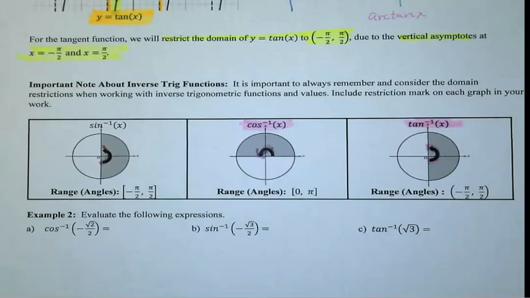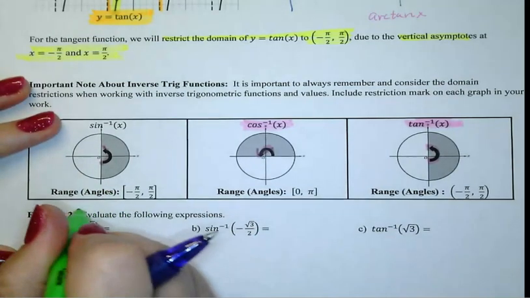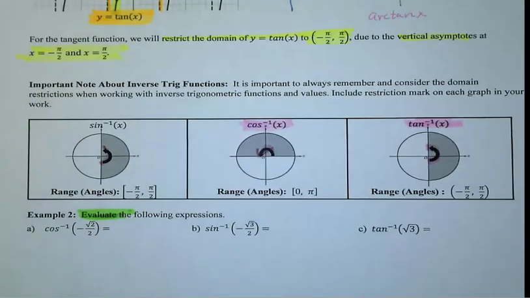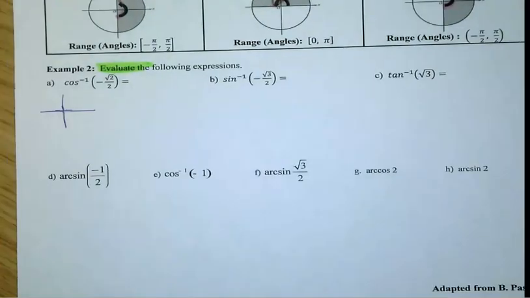All right. So as we look at the next set of problems, notice that the directions say to evaluate. So it's always important to know the wording. So we're saying evaluate means we're not solving an equation. We're taking the expression that we're given and evaluating it for that situation. So as I'm working this, I'm thinking, okay, so what angle has a cosine value that's negative root 2 over 2 within the restrictions?